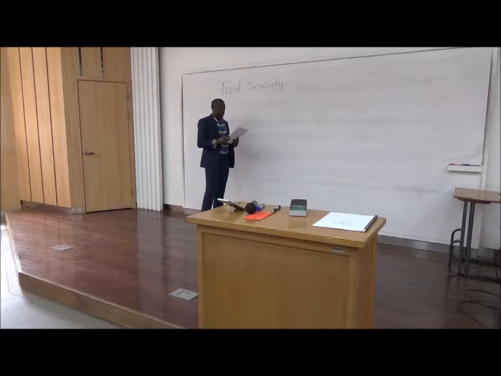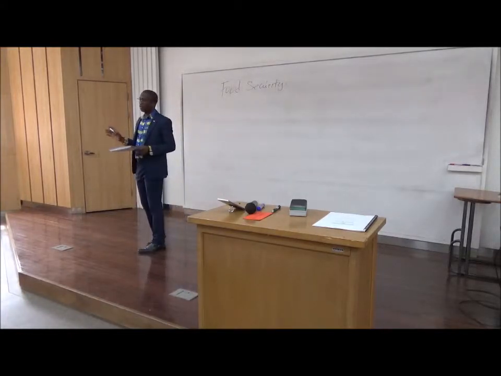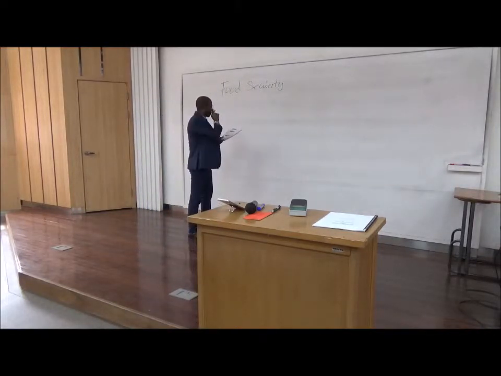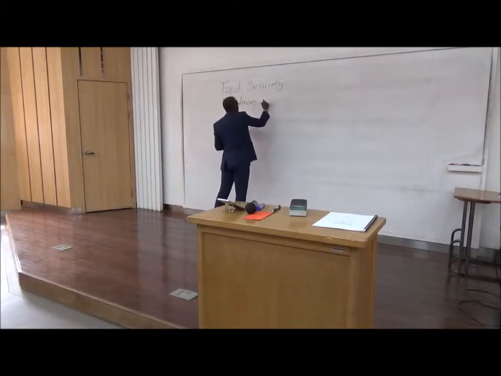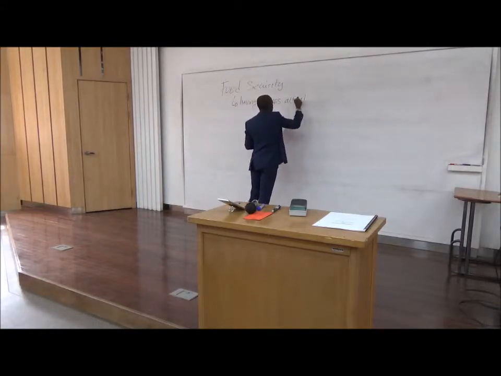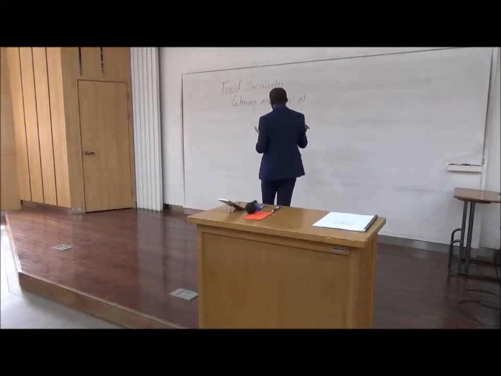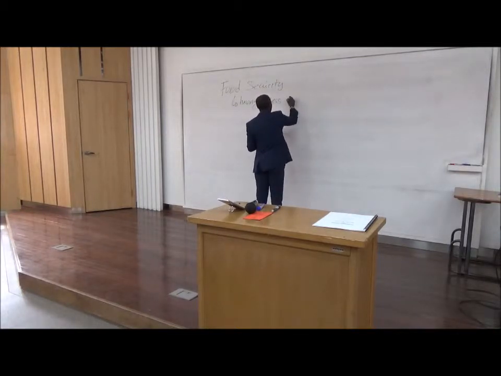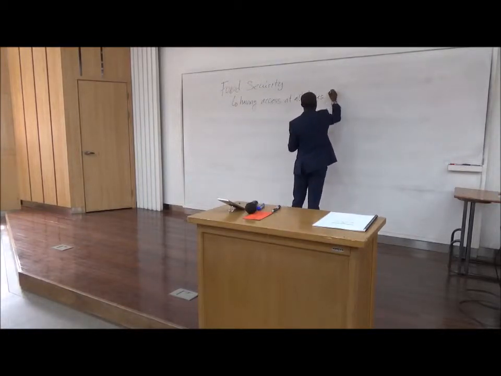All right. So remember, we saw a little bit of food security on chapter 1. All right. So what is food security here? All right. So food security means what? Having access at all time to what?